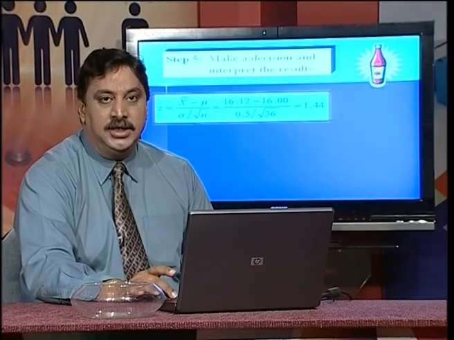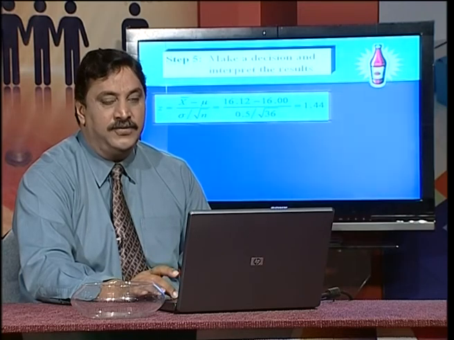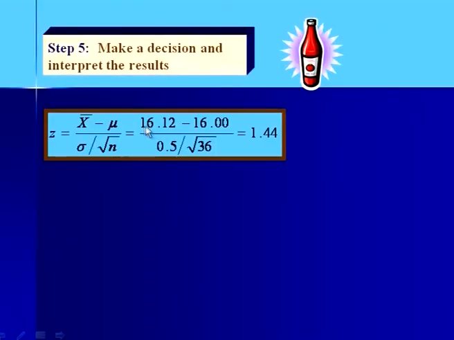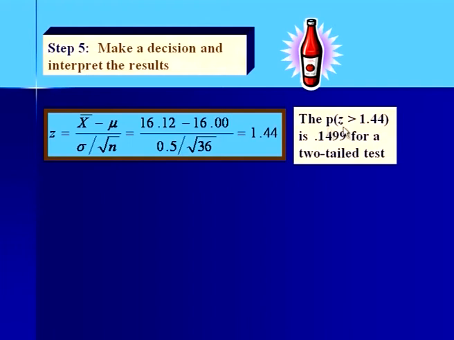This is the statistic Z, and we use it with the help of this formula. The value of Z is 1.44. Here in the formula we put the value of X, which is 16.12, and the value of mu, which is 16. And if we use the P value, the probability of Z greater than 1.44 is 0.1499 for a two-tailed test.